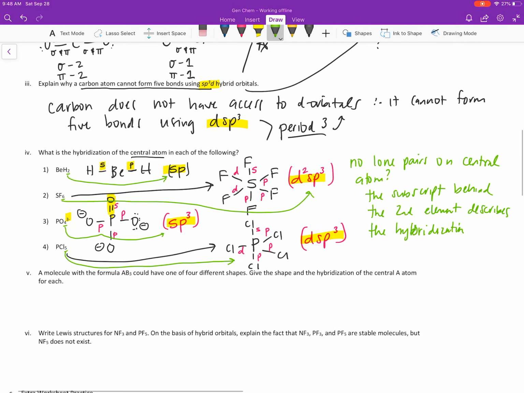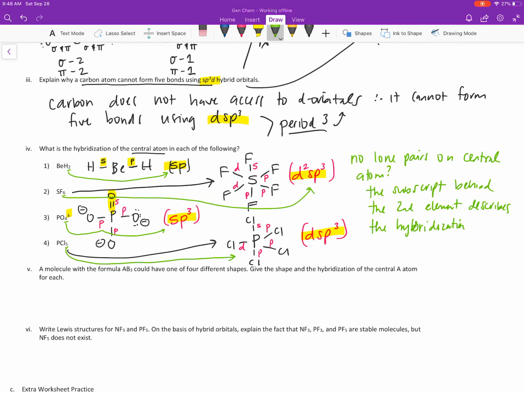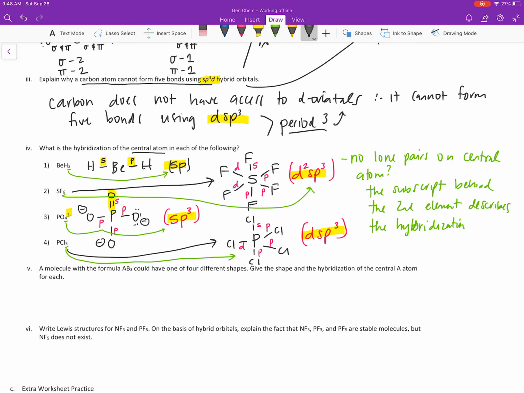Okay, so it's kind of a quick cheat if you're running out of time on a test and you just want to guess. You could try to use that and it might be right. But if you have lone pairs on the atom, it's going to change the hybridization. Okay, but if there's no lone pairs, the subscript behind the second element will describe the hybridization.